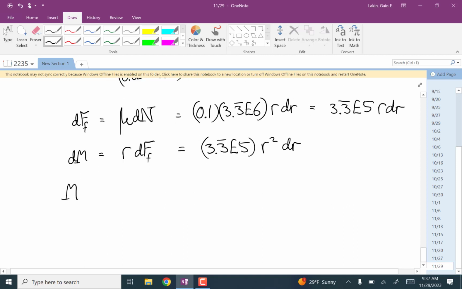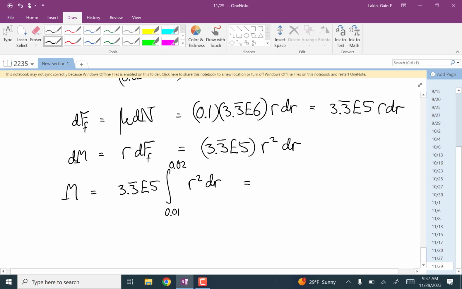And so then the total couple is 3.3 repeating times 10 to the 5th times the integral from 0.01 to 0.02 of r squared dr. Integrating r squared dr is going to give you r cubed over 3.